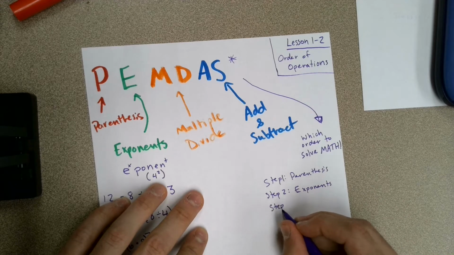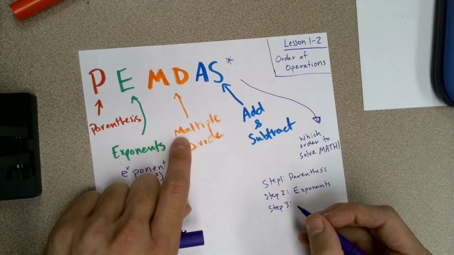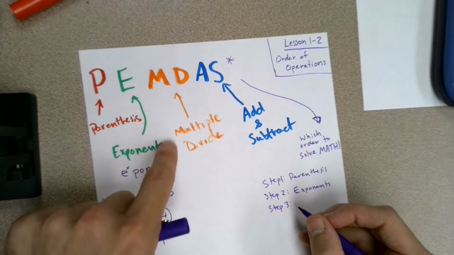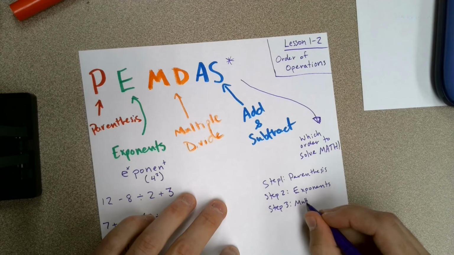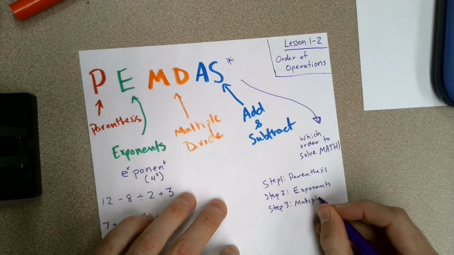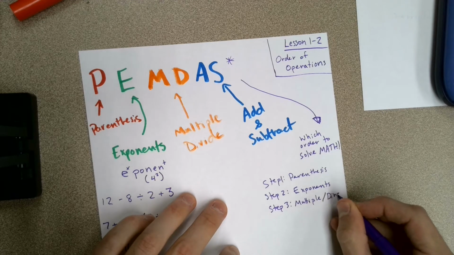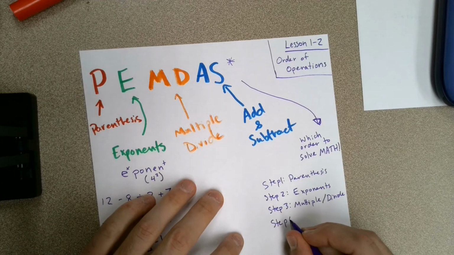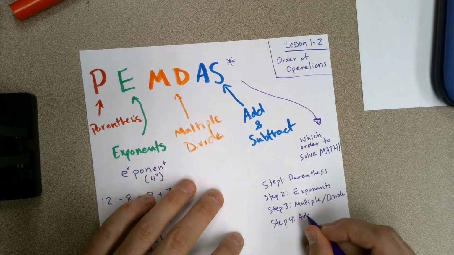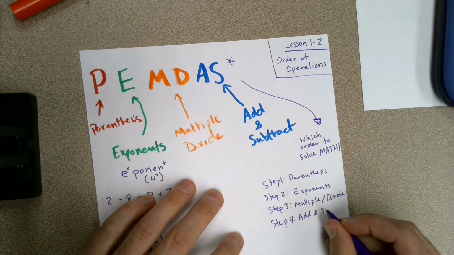Step 3, haven't talked about yet, you do your multiplication and division. You never add or subtract before you do your multiplication and division. Multiply / divide. And you do them in that order, so you multiply, then divide. And then last but not least, add and subtract, and in that order.